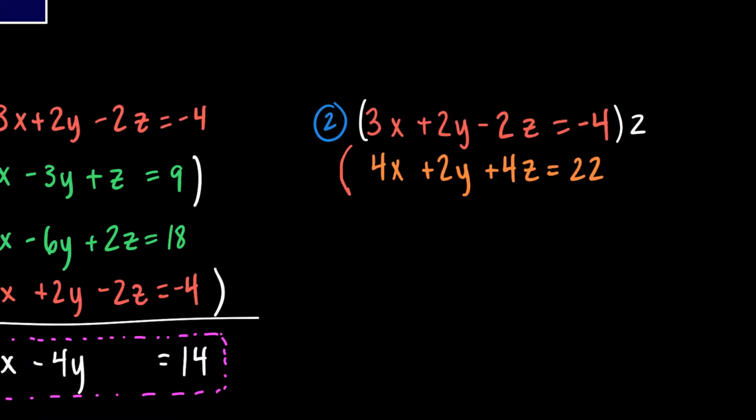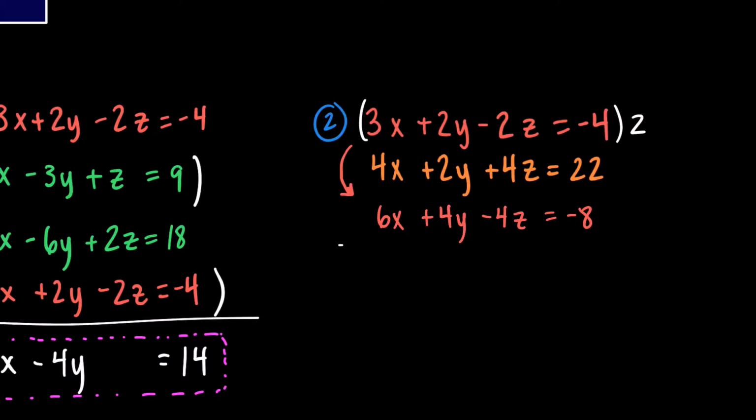I'm just going to draw an arrow down here. The red equation is now, after we've doubled everything, 6x plus 4y minus 4z is equal to negative 8. So we've doubled everything, and now we've got these two equations right here, and we're going to work with those.